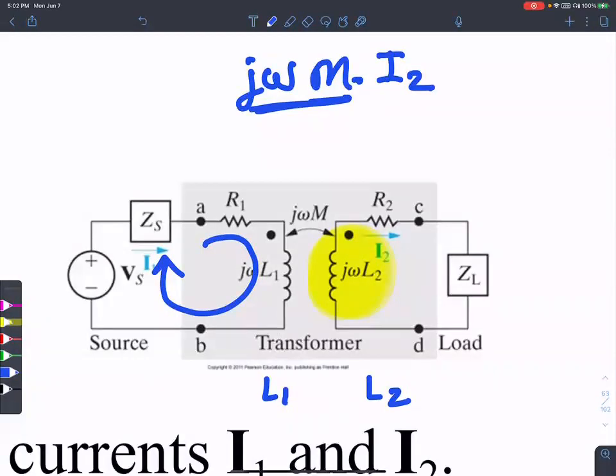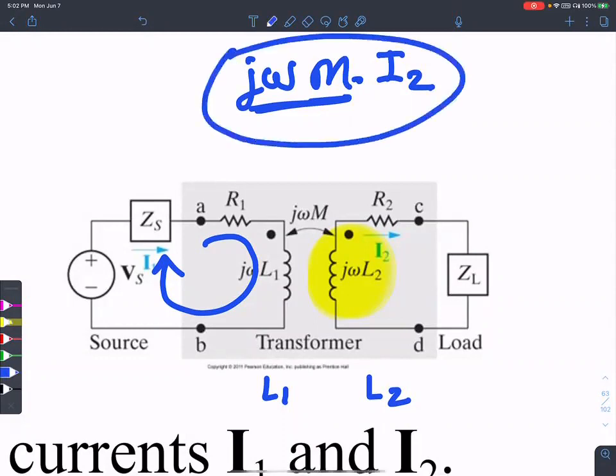In terms of deciding whether this is positive or negative, what we want to do is to understand the dot convention. So let's pay careful attention.